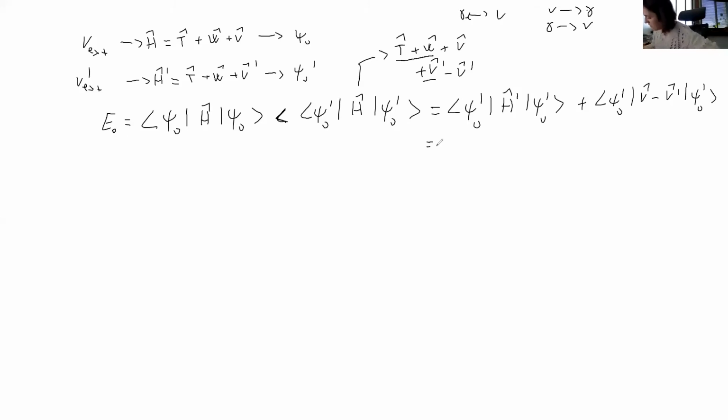This is the total energy for the primed system, and here I have the expectation value over psi 0 prime of this external potential. Now I can write explicitly the external potential in terms of the one-body density matrix, as I showed you before: the integral of dx dx' of V external (x, x') minus V prime (x, x'), times gamma prime (x', x).